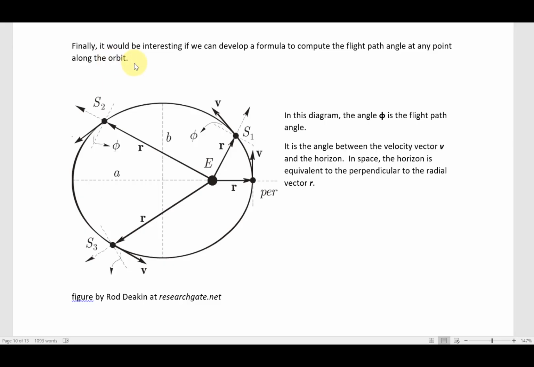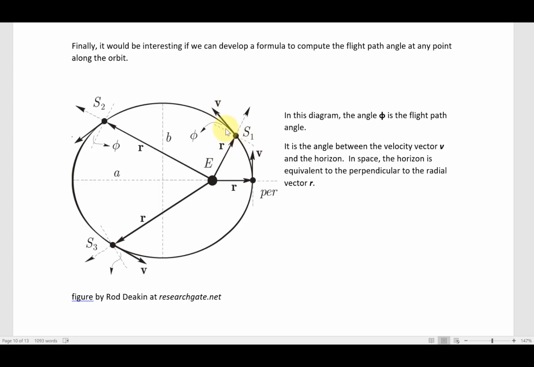Finally, it would be interesting if we could develop a formula to compute the flight path angle at any point along the orbit. So here's the radial vector that locates the position of the spacecraft, let's say at point 1. Here's the velocity tangent to that curve.